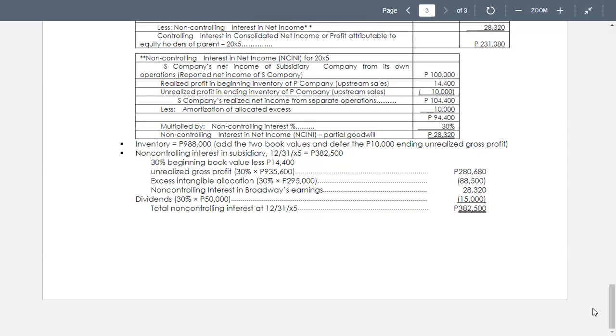Then we go to the unrealized profit in ending inventory. These are deductions. Unrealized profit in ending inventory.